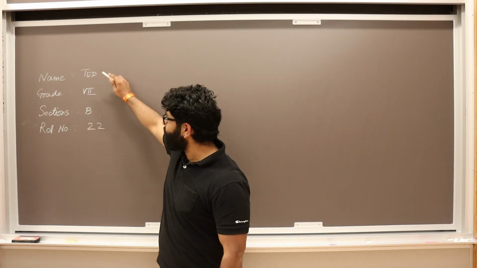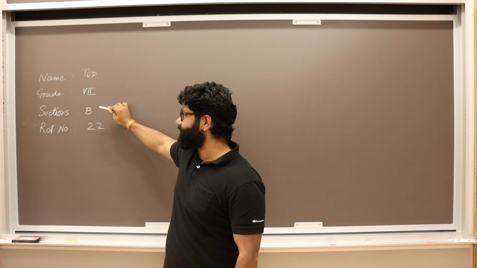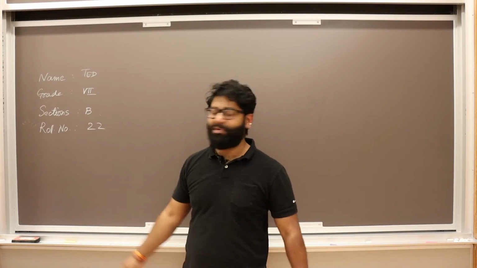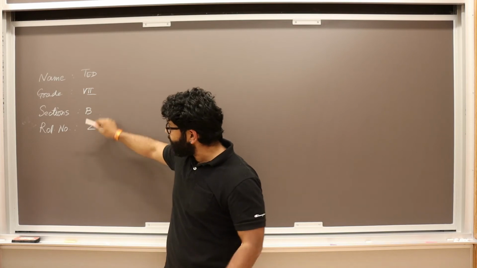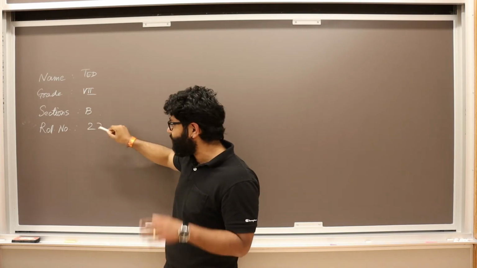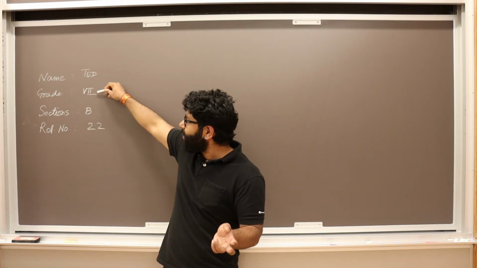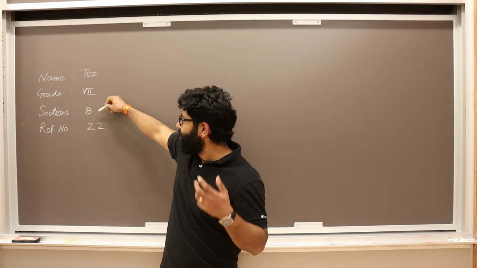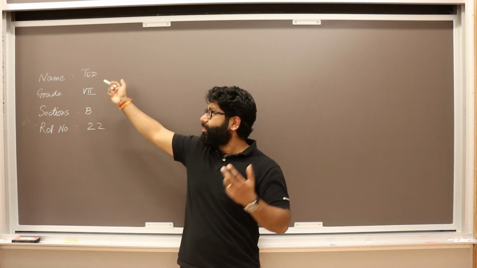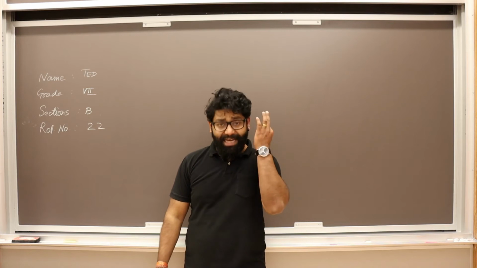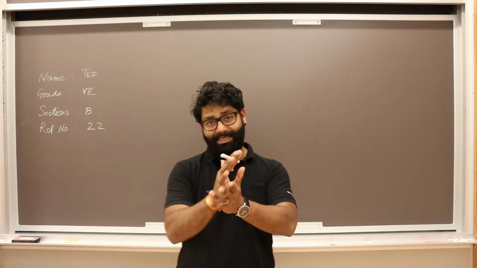You cannot have another Ted in grade 7 in section B with the same roll number. It cannot happen. Even if these 3 are the same, that person will have a different roll number. Now, there can be another Ted in grade 8, say, who is in section B and has a roll number. But all these 4 together is a unique set of identifiers for a particular student in a school.